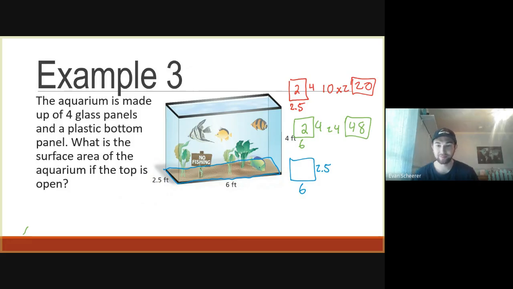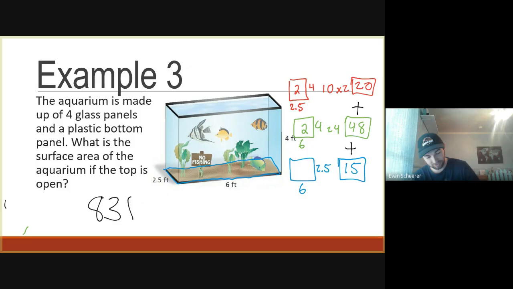So let's see, 6 times 2.5 is the same as 3 times 5, which is 15. So now we need to add all these 3 together. And 48 plus 15 is, let's see, 58, 63, and 73, 83. So the total here is 83 feet squared.